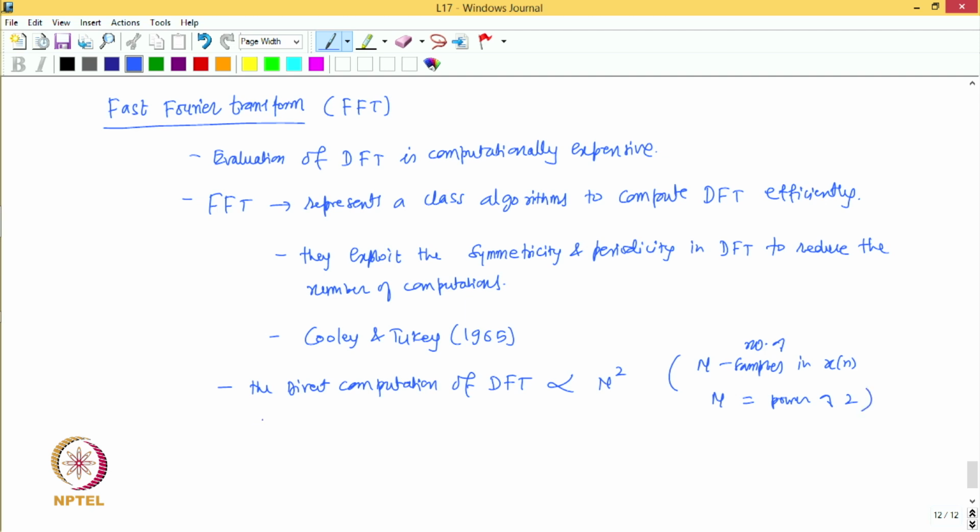With FFT, the computation of the DFT is proportional to N log 2 N, which is substantially less than N square, and that is why the FFT algorithms are computationally efficient. That is why modern signal analyzers mostly use FFT algorithms to compute the DFT, which also helps to compute the DFT in real time.